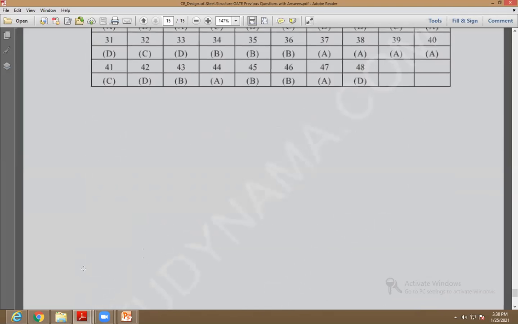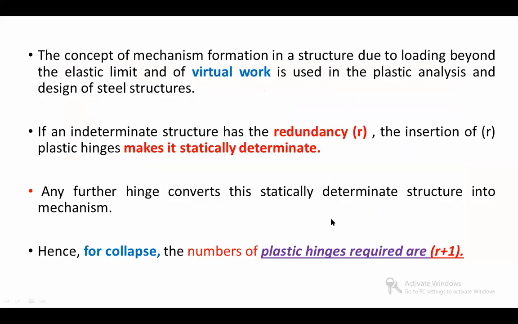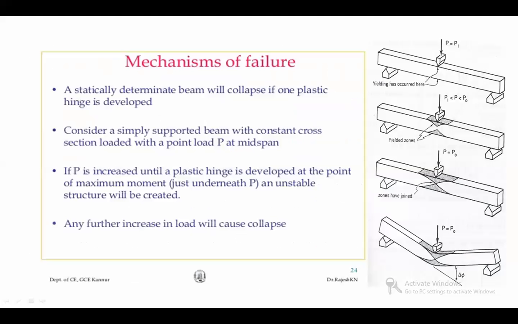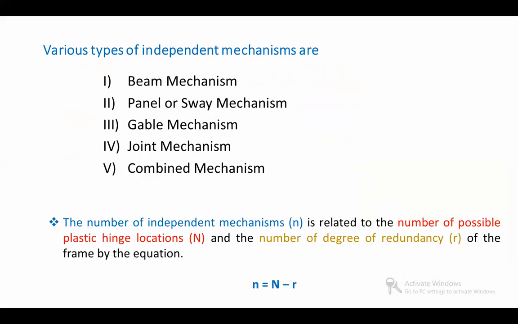So I will go to the next part, that is various types of independent mechanisms. So there are different independent mechanisms: beam mechanism, sway or the panel mechanism, gable mechanism, joint mechanism, and the combined mechanism. So how do we find independent mechanisms?